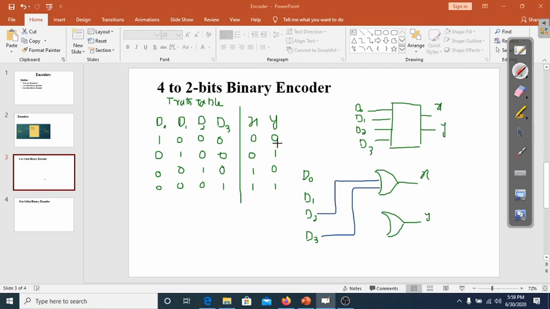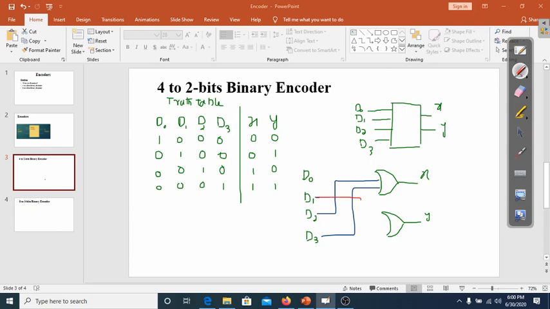Next, y is active high when d1 is equal to 1. So let me use different wiring, let me use the red color.